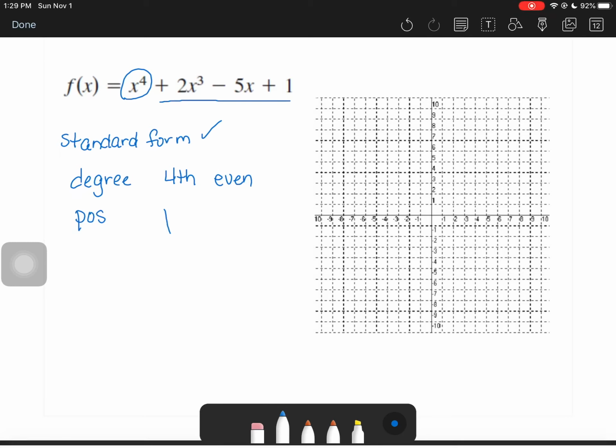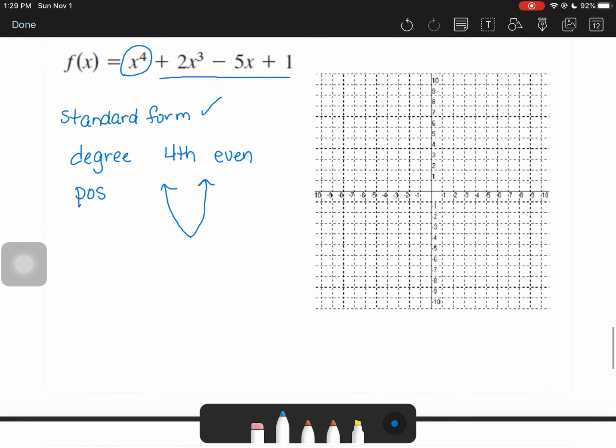And so since it's to the 4th degree and it's positive, it is going to have a shape similar to a parabola. And that will be very helpful as we make our chart, plugging in our numbers. So what we're going to do is plug in some values. Let's plug in -2, -1, 0, 1, and 2. And then we'll talk about our end behavior when we are finished with that.